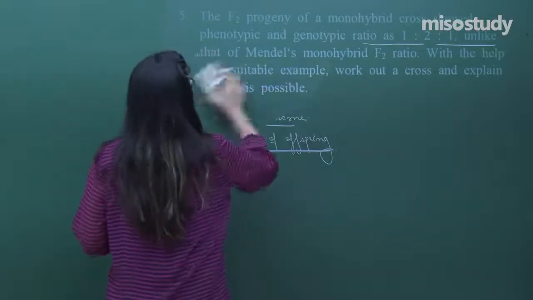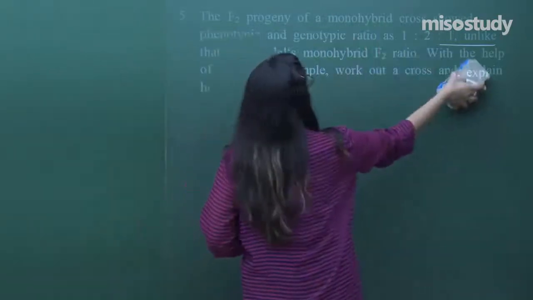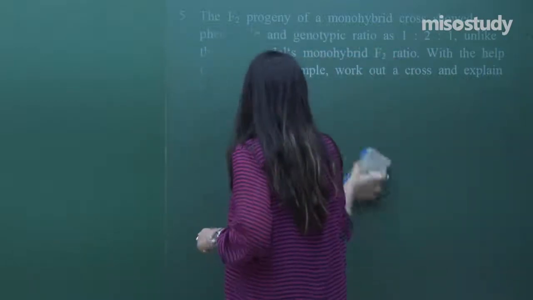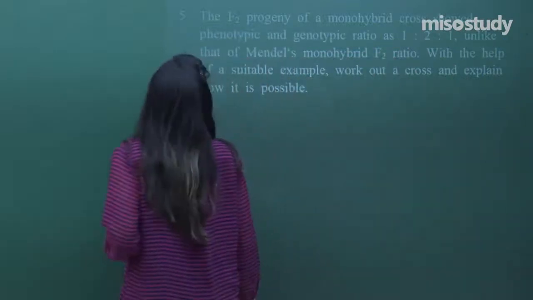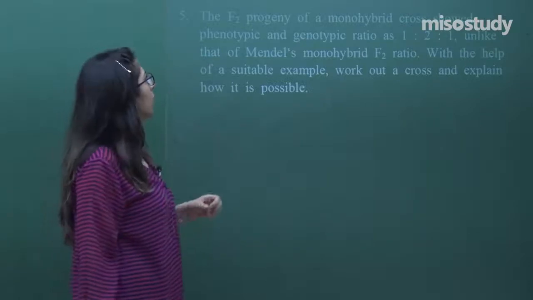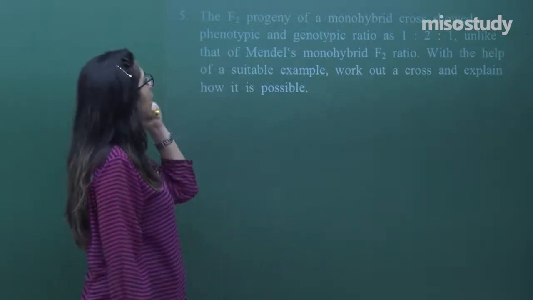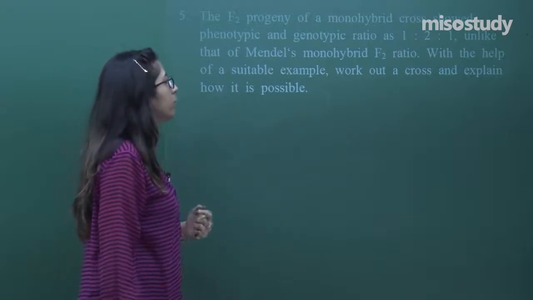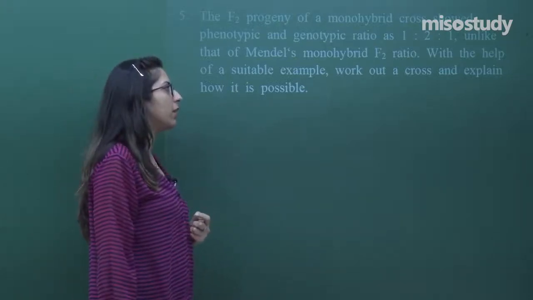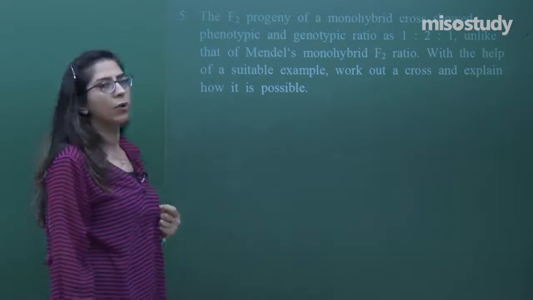Read this question. By the time, let me prepare this board for you. The F2 progeny of a monohybrid cross showed the phenotypic and the genotypic ratio as 1:2:1, unlike that of Mendel's monohybrid F2 ratio. With the help of a suitable example, work out a cross and explain how it is possible.